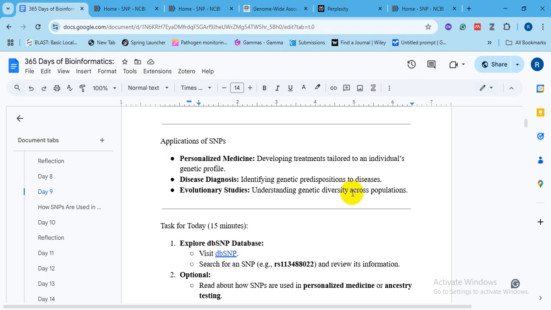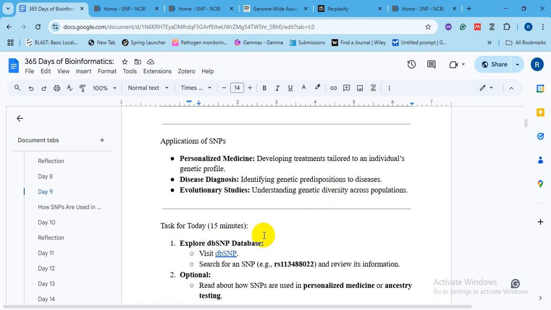So I can form a plan to keep an eye on them, use prophylactic drugs, and use more visits to the clinic to detect these diseases early. What else? Evolution study. We said that some SNPs are present in some families, in specific races, in specific populations, so we can use them in understanding the genetic diversity across populations.